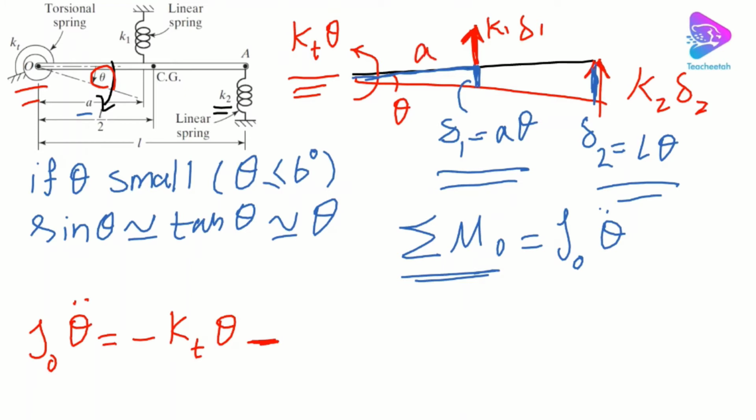And for the last force, which is because of this spring, again it is opposing the rotation, we have minus k2 delta 2 times L, because the arm of moment is L, right? So we can further simplify this equation. I'll do that in the next slide.